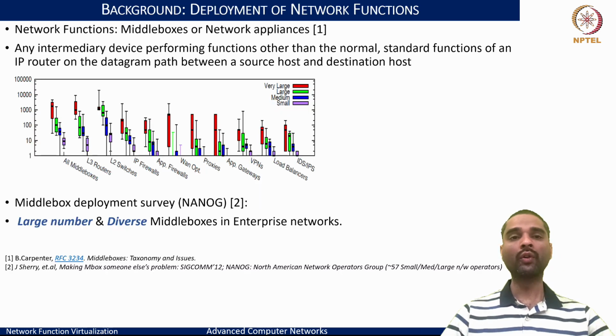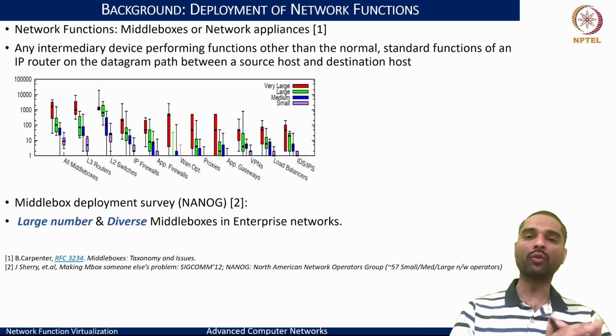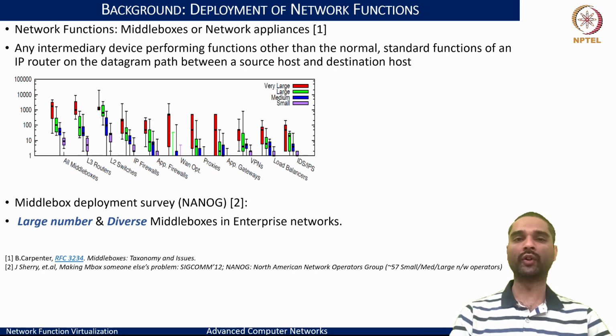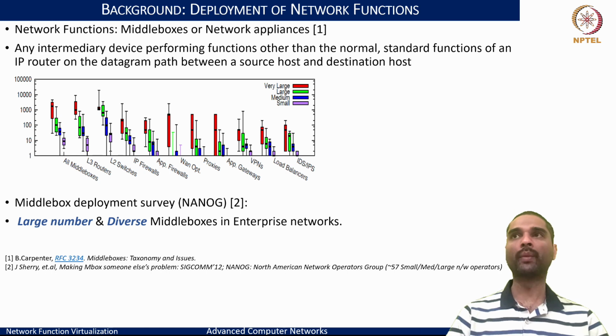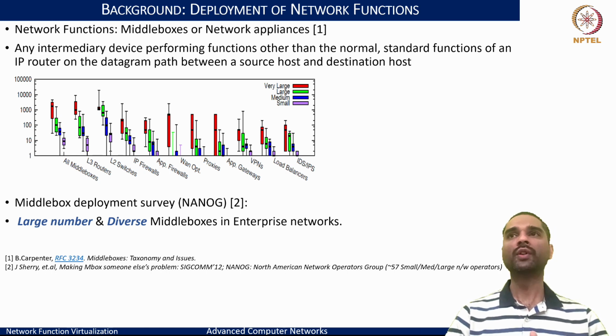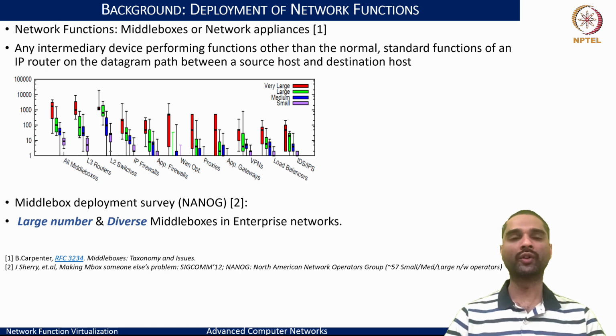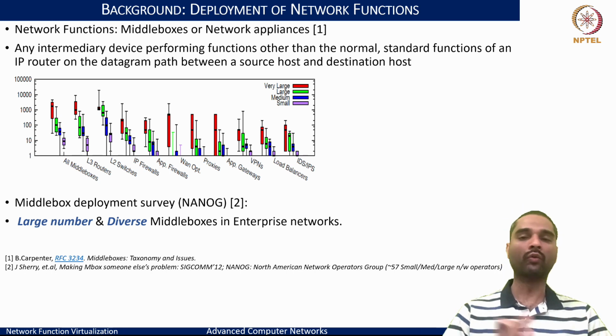So we referred in brief to the deployment of network functions earlier, and we said the network functions are basically the network appliances or middle boxes, the intermediary devices that are placed on the datagram path between a source and a destination host that perform specific functions, which are not the normal functions that a standard IP router would do, that is in essence forwarding the packets.